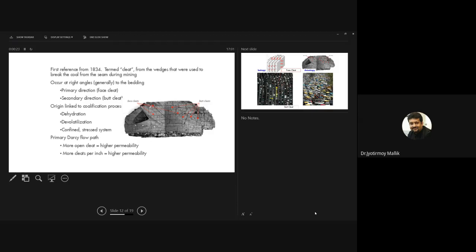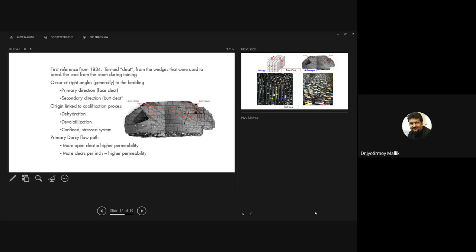There are two types of cleats present: face cleats and butt cleats. Face cleats are the primary cleats. They are the more continuous ones, which form parallel to the direction of maximum horizontal stress. We said why in the last class.